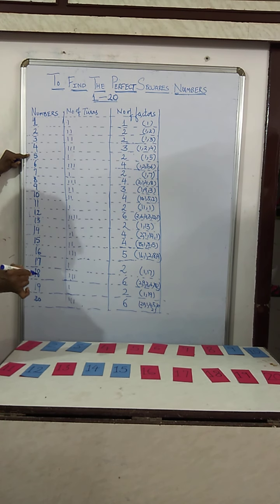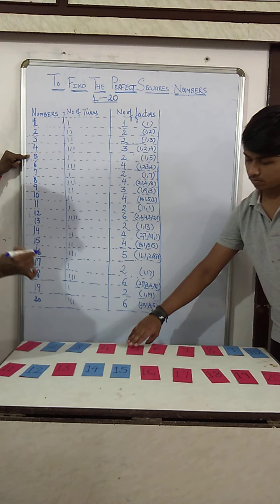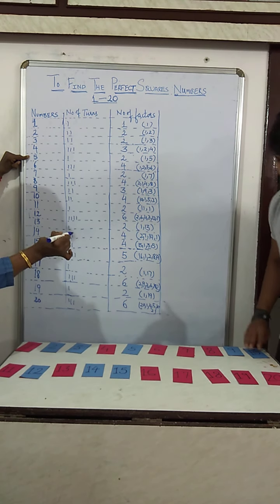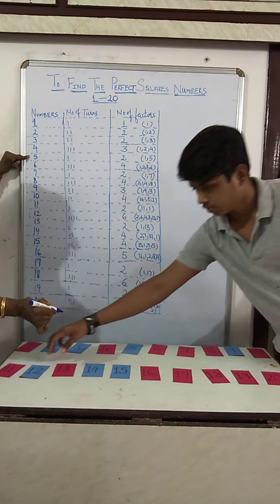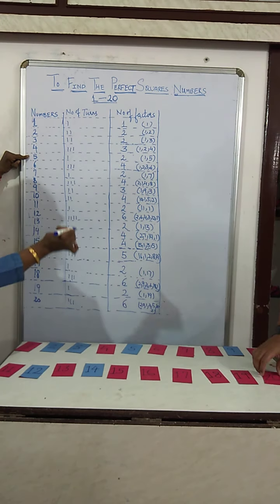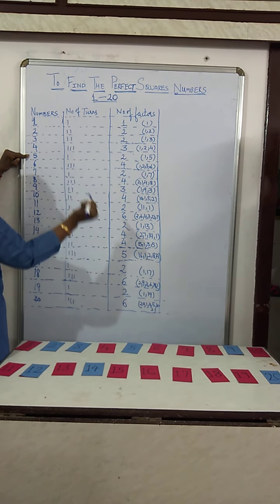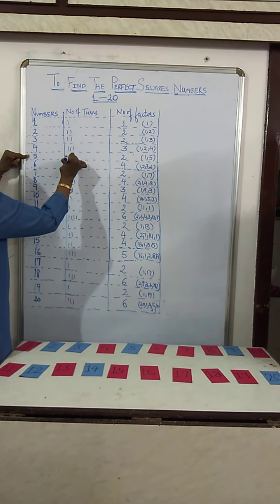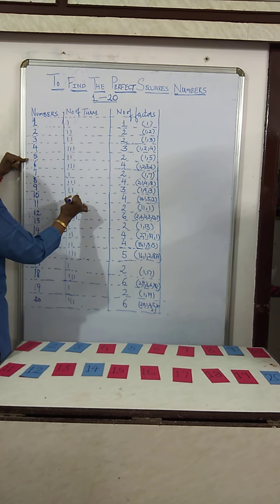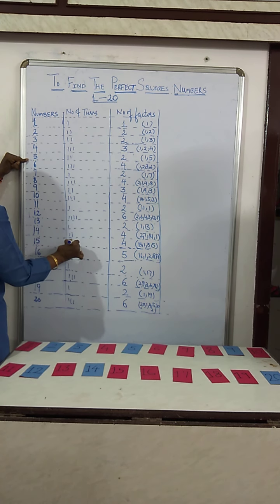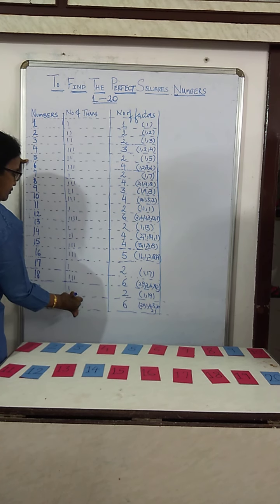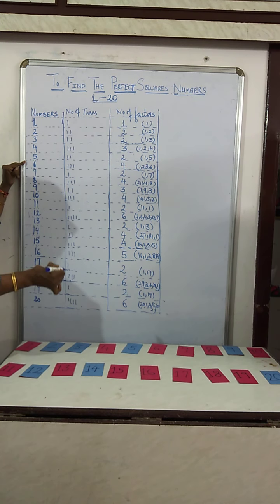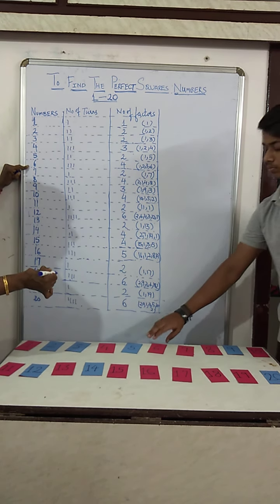Now we come to the next number, 5. 5 is a factor of 5, 10, 15 and 20. So we mark the cards which we turned: 5, 10, 15 and 20.